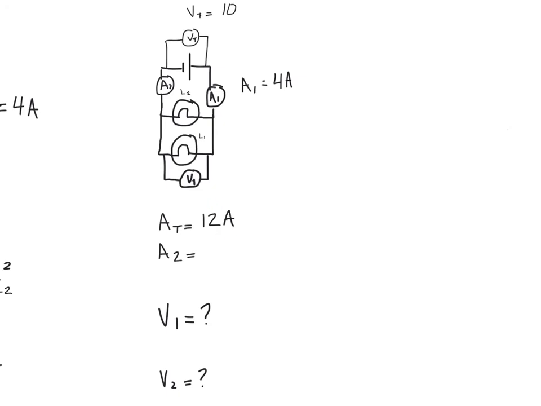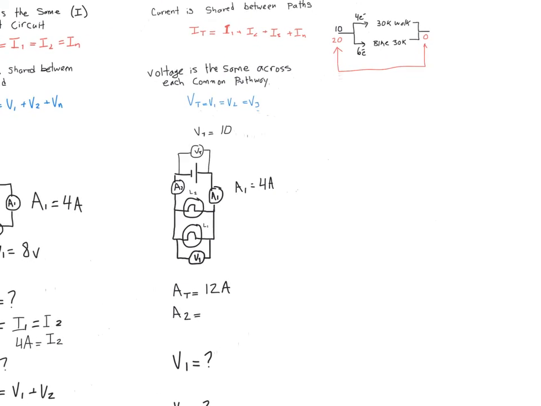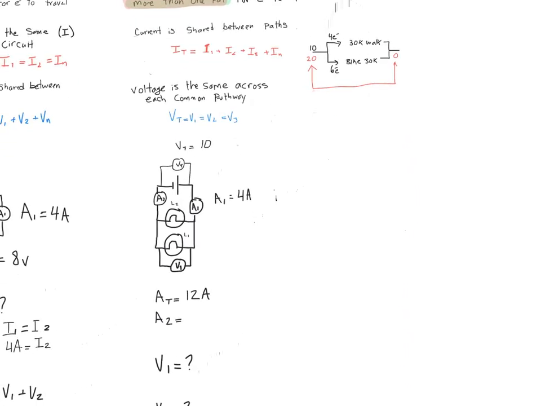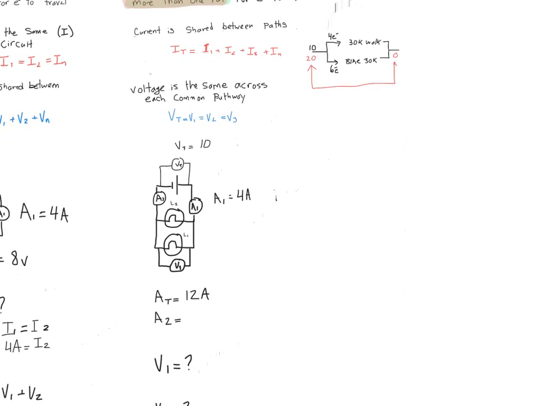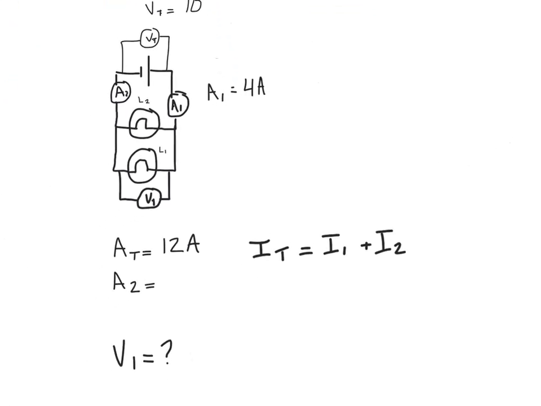And so the question that I made wants to know what A2 is. Well, let's go check out our formula. So because it's a parallel circuit, total current is equal to current 1 plus current 2. And here we have 2 ammeters, so I'm going to leave it there.